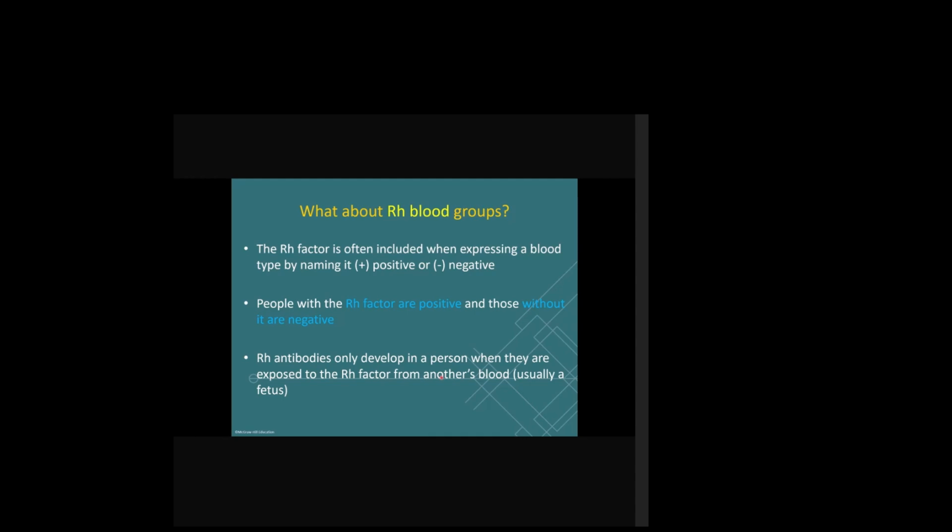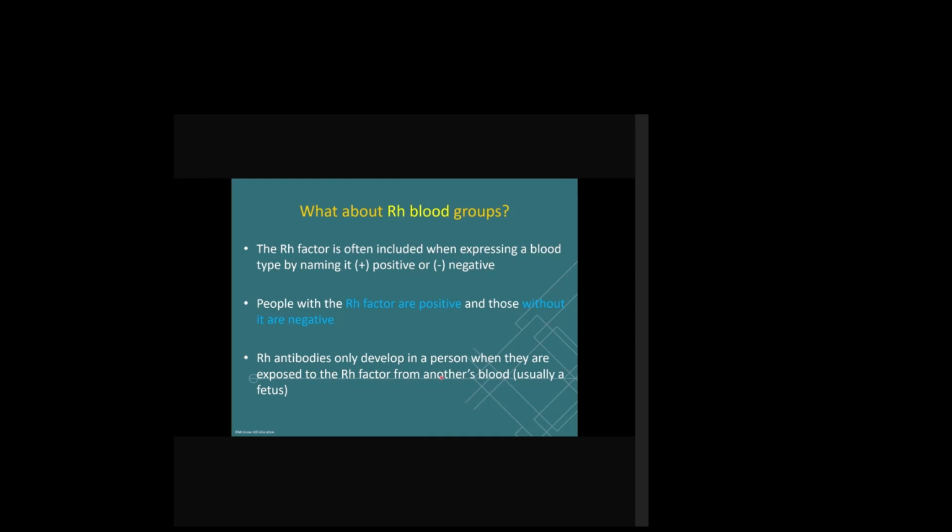People who have it, I said, besides being blood type A, in addition have this other receptor. So you are A positive if you have the rhesus factor. You are A negative if you have the A antigen but lack this rhesus factor. The rhesus antigen can also elicit a response via the immune system.